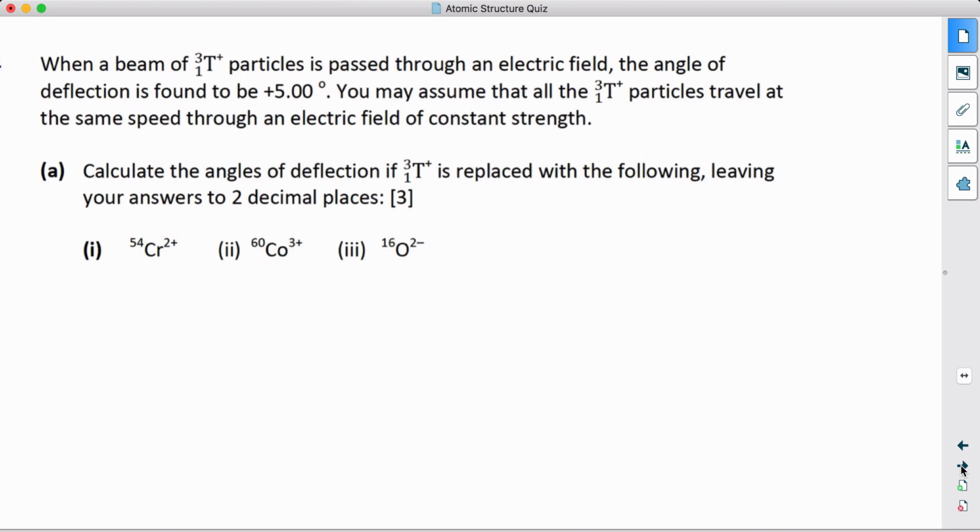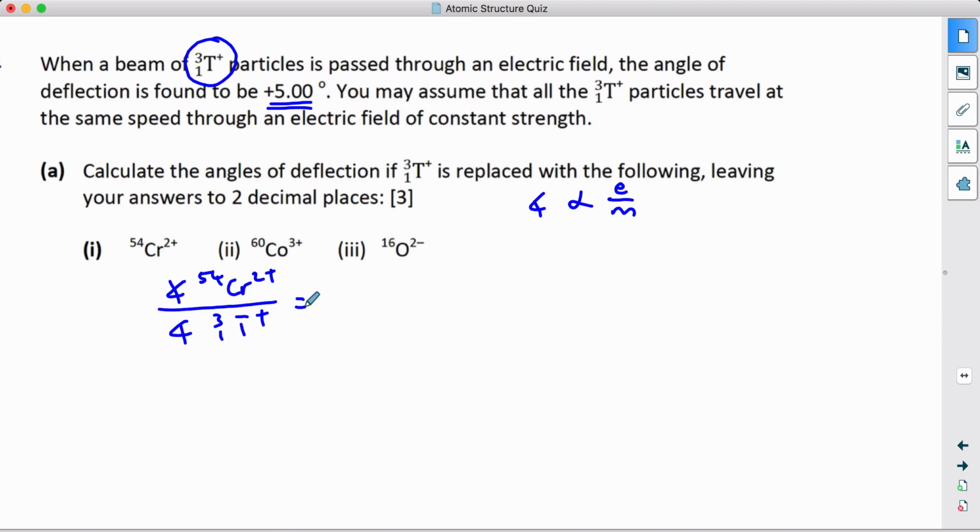You're going to calculate the angle of deflection of chromium 2+, given the angle of T+ having an angle of 5 degrees. How you do this question, you find the angle of deflection of 2+ divided by the angle of deflection of 1 T+. We know that angle of deflection is proportional to the charge over the mass.